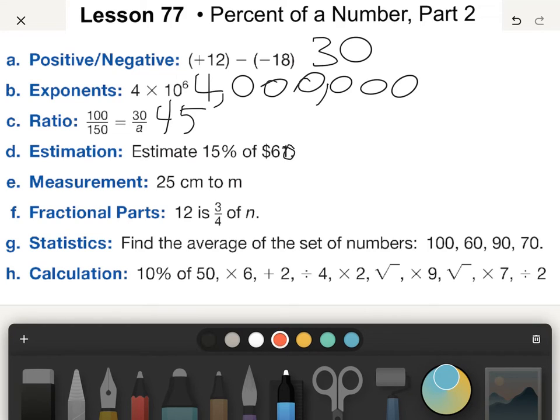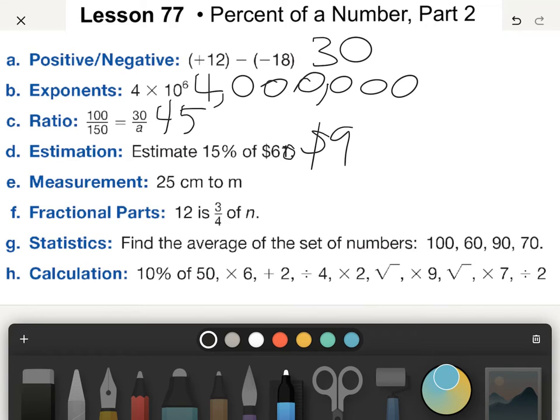For 60, I'm going to do the 10% plus 5% thing. 10% of 60 is 6, and half of that would be 3, so this would be $9. Is this going to help move us forward? No. Then let's move forward.